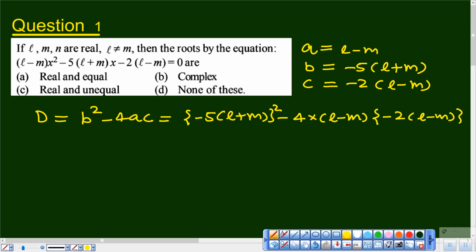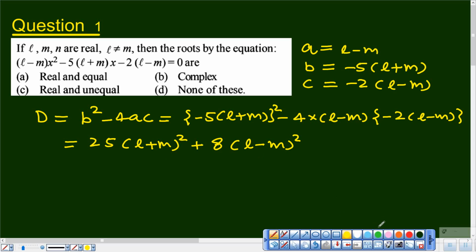You can see that this becomes 25 l plus m whole square plus, because minus into minus becomes plus, 8 l minus m whole square, which is definitely a positive quantity because this is a sum of squares of real numbers.